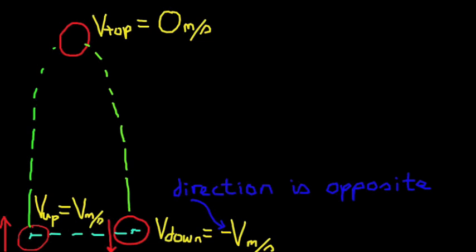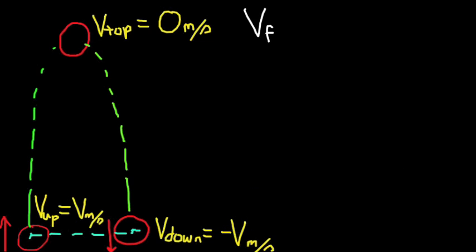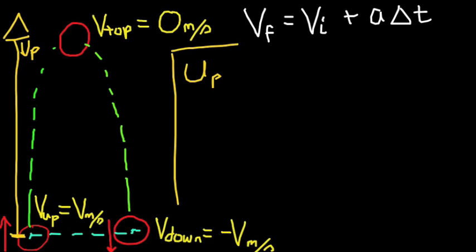But one last thing to discuss before we can actually use the equations of motion to tackle the problem is to find out what happens with the time. That's the last variable we need to take care of. So if we specifically look at the one equation of motion, v final equals v initial plus a delta t, we can analyze the up and down motions separately.